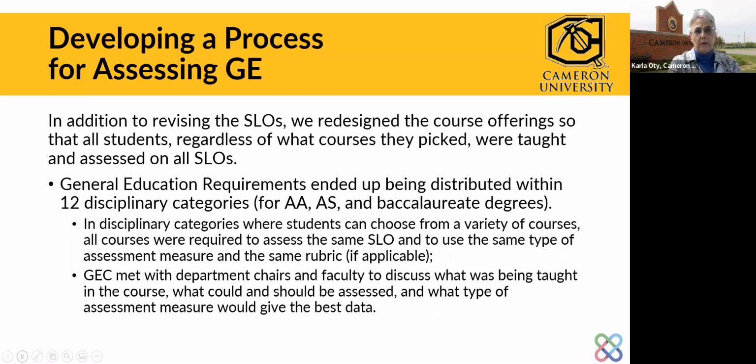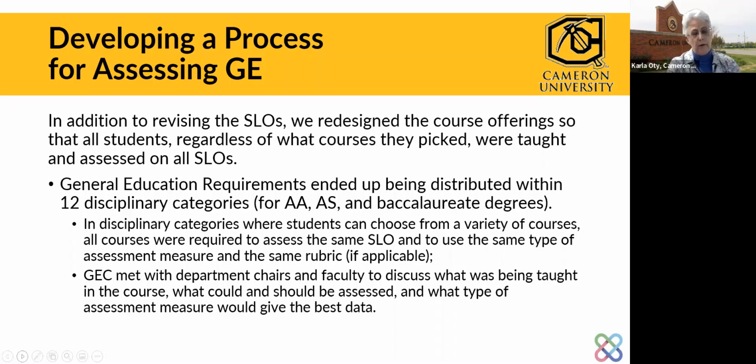So we worked to make sure that all courses in that disciplinary category had to assess the same SLO, had to use the same type of assessment measure, and had to use the same rubric if it was a measure that needed to be used with a rubric.